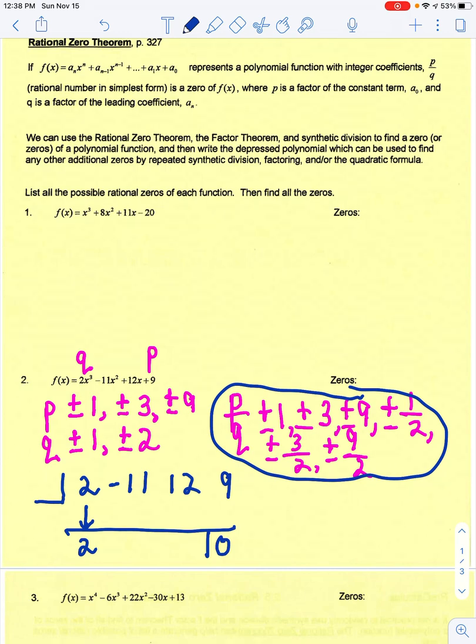Now, I could go through this one at a time and just start trying values. Like, for instance, if I try positive 1, that would be 2, -9, -9, 3. I can see it's not going to work. And so I need to start over and try a different value.